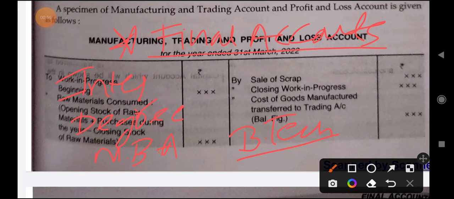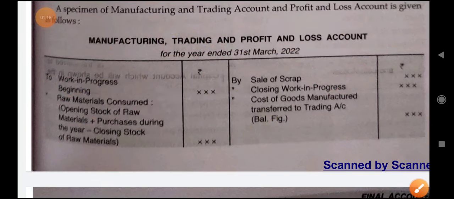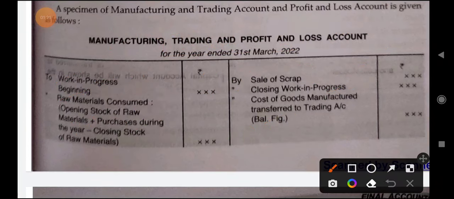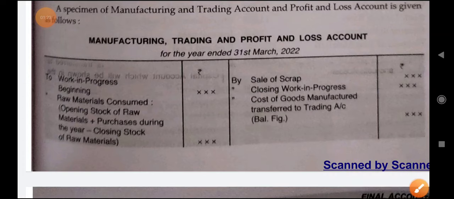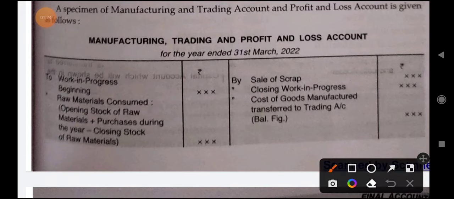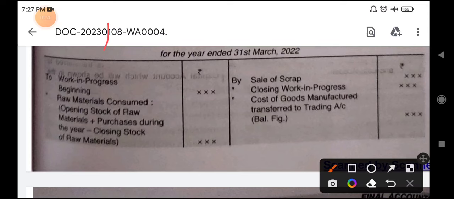So this is useful for all of you, and this is a basic video relating to final accounts, and it will be useful for ICSE and CBSE students also. So without wasting further time, let us discuss what consists of final accounts.